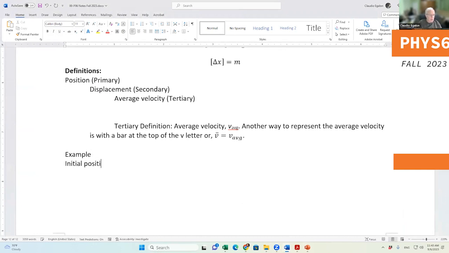Initial position of a particle is 4 meters. Final position is 7 meters.